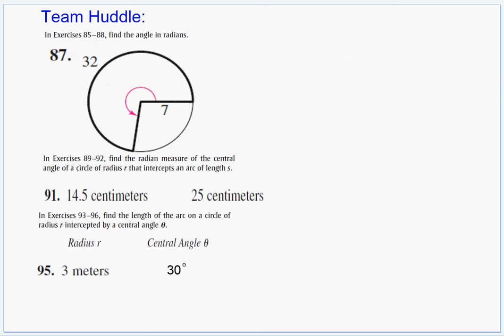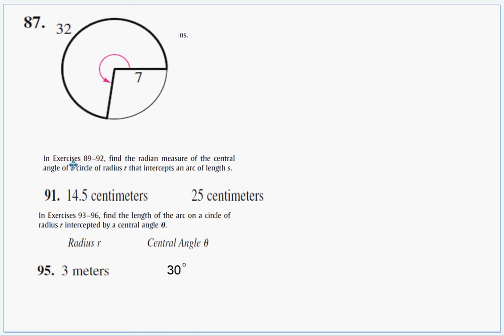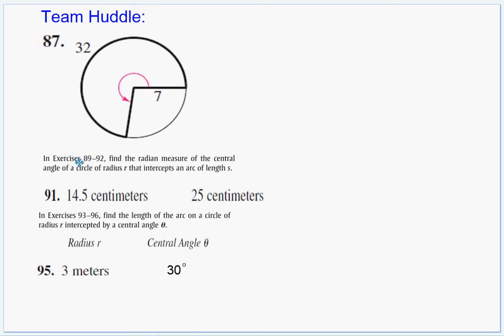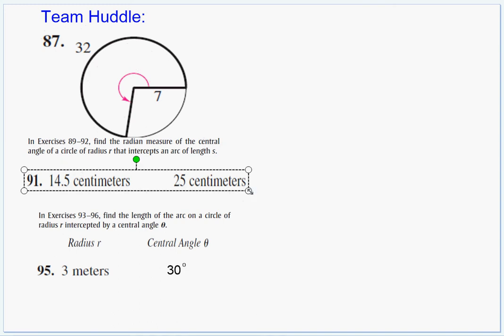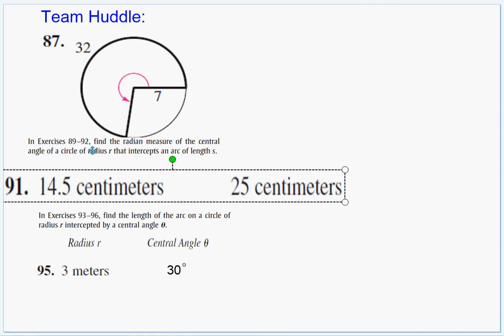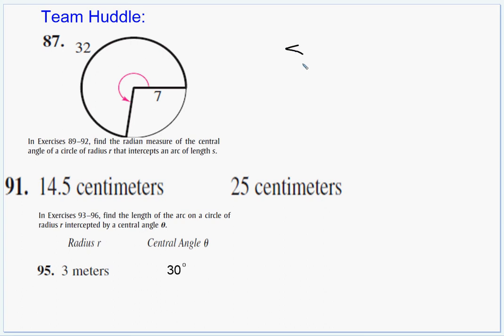Now 91 is just like 85, but 87 gave you a picture. Here they're just giving it to you written out. Find the radian measure central angle of radius r that intercepts length s. So it's the same thing we just did. S equals r times theta. S is 25.